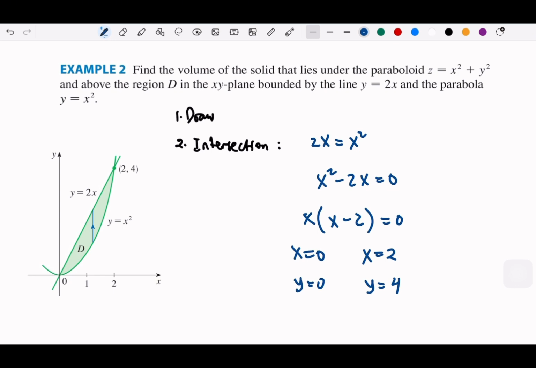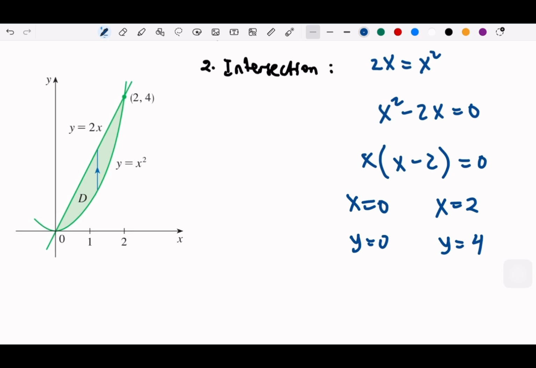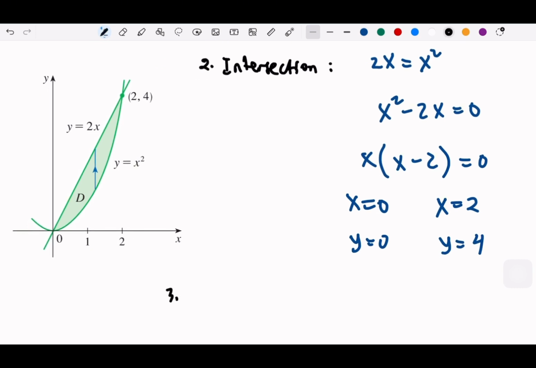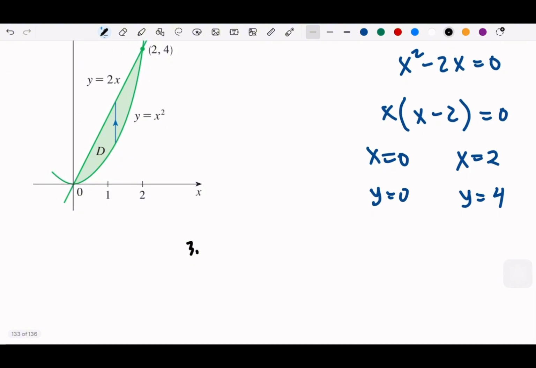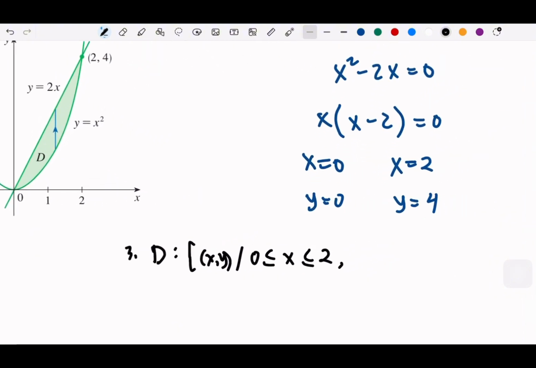Okay, now the next part is we are going to set up the double integral. We know the function. The function is the paraboloid. So let's set up z equal to the function of two variables. So set up the integral. Let me write D is x, y, as in x is set from 0 to 2, and y is set from x squared to 2x.